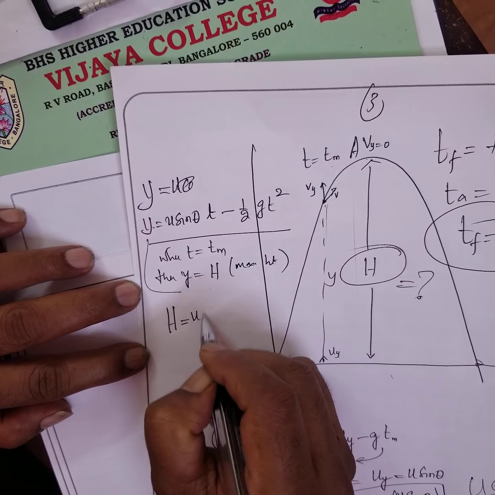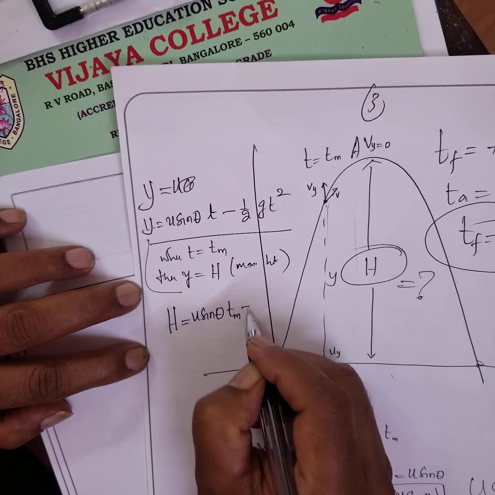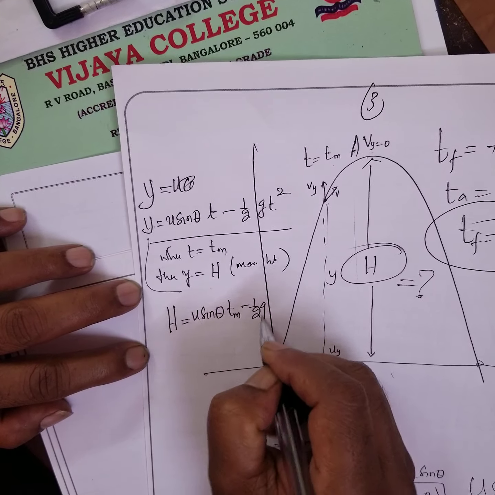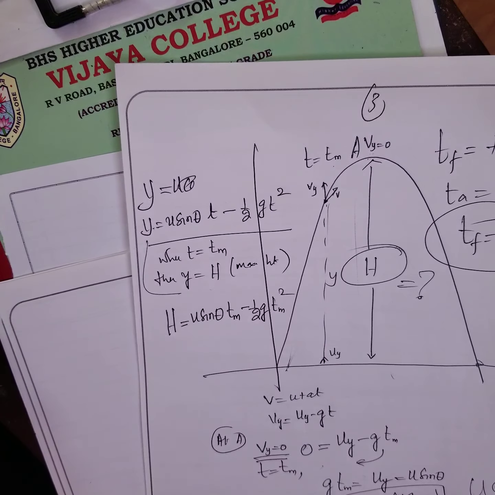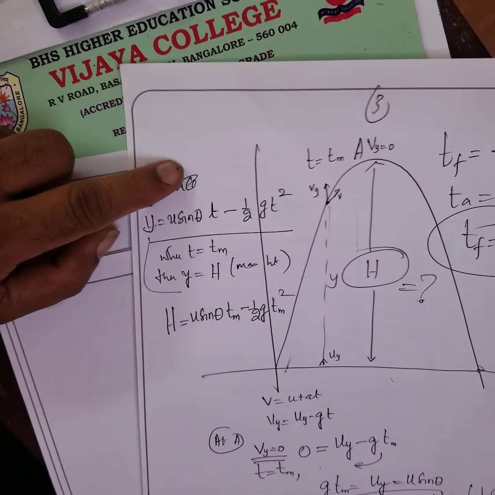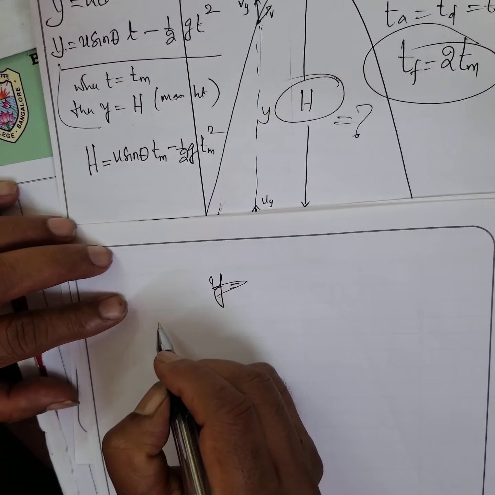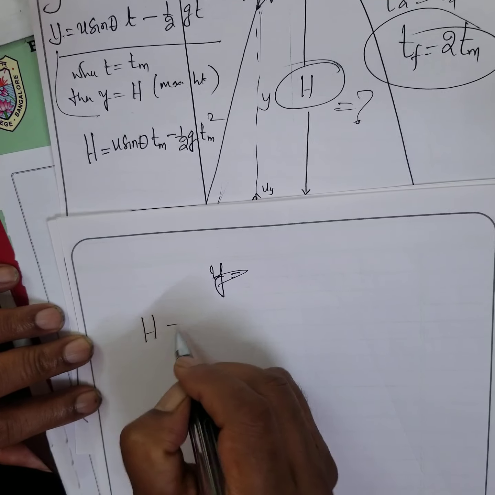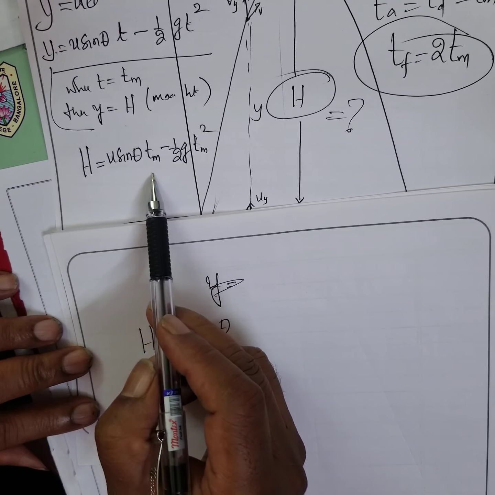H is equal to u sin theta, t becomes Tm, minus half g, t square is what? Tm the whole square. Okay. Now I'll write y is equal to h is equal to u sin theta Tm.